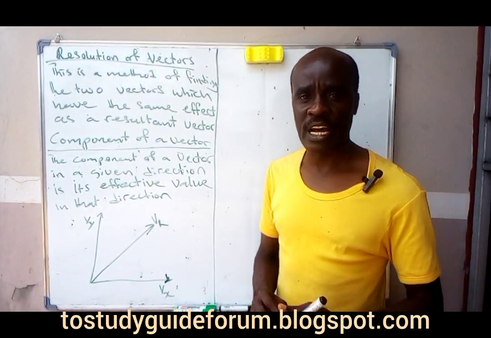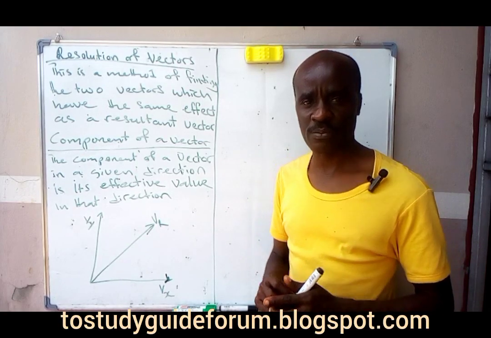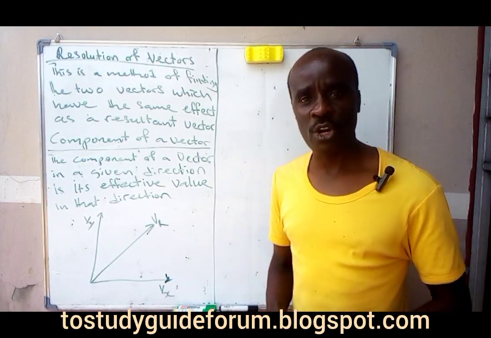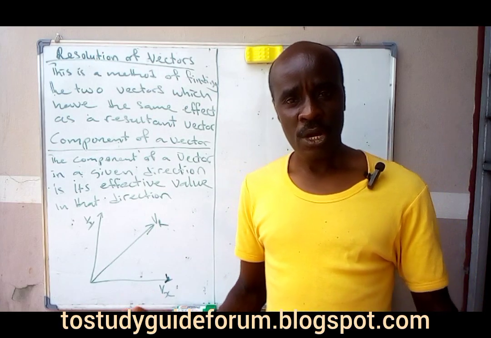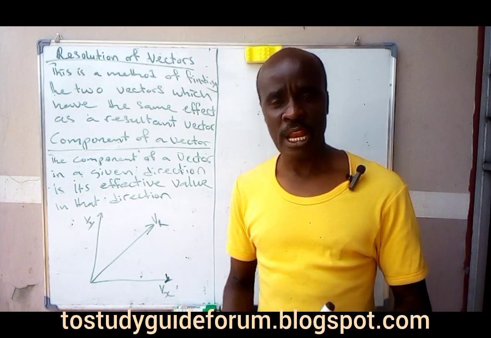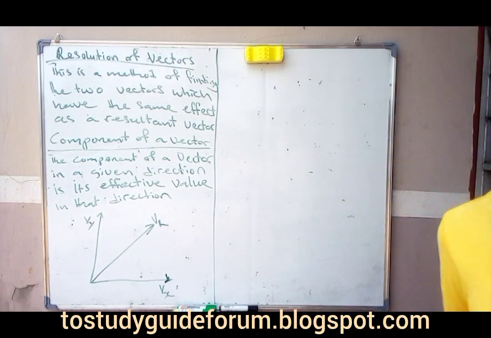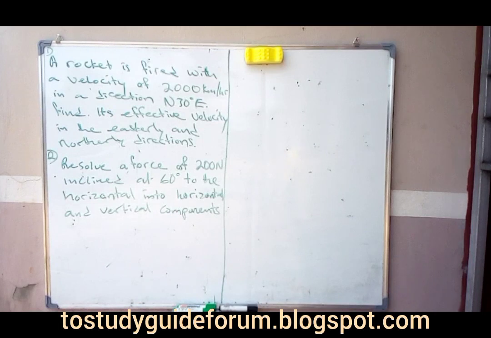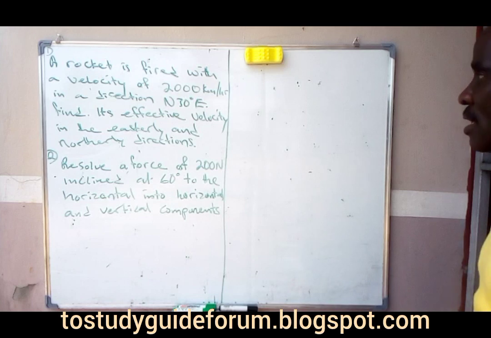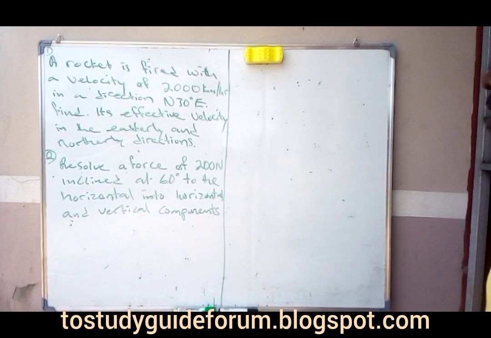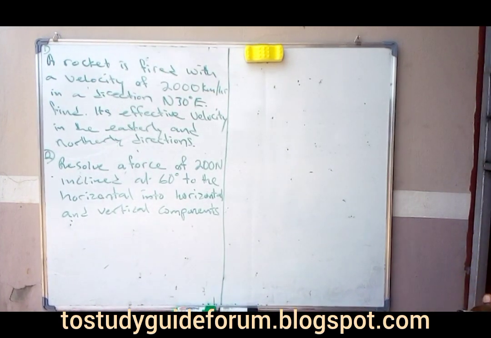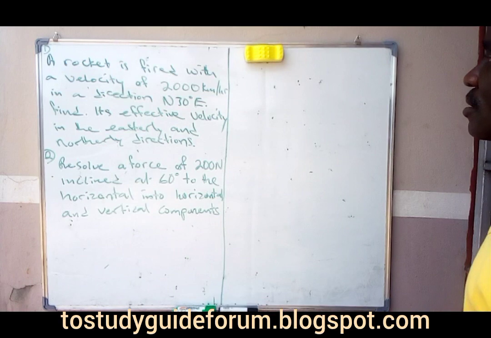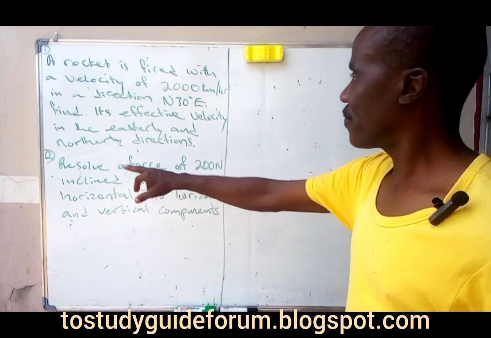So we are going to be looking at some questions that will help us understand how to solve this problem whenever we see it. I want to encourage you to relax and follow as we go along with the questions and solutions. What we have here: a rocket is fired with a velocity of 2000 kilometers per hour in a direction 30 degrees northeast.